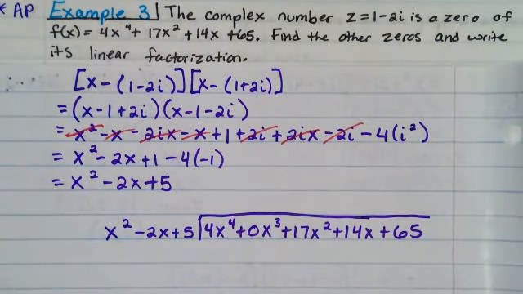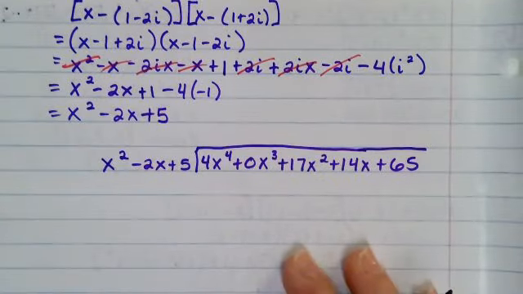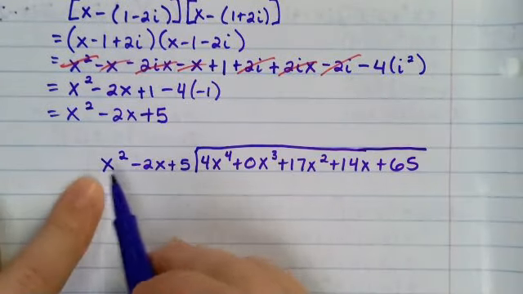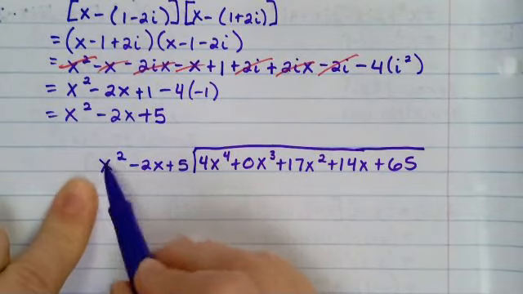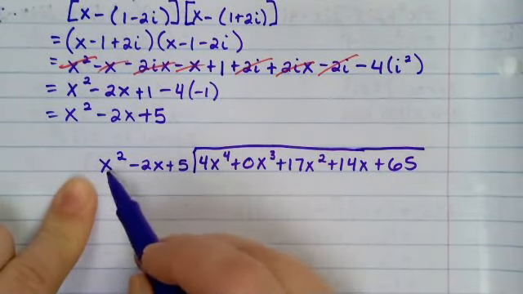All right, we're going to work through this division. Remember, the way that we work through this is we say how many times does this leading term go into this leading term. X squared goes into 4x to the fourth.